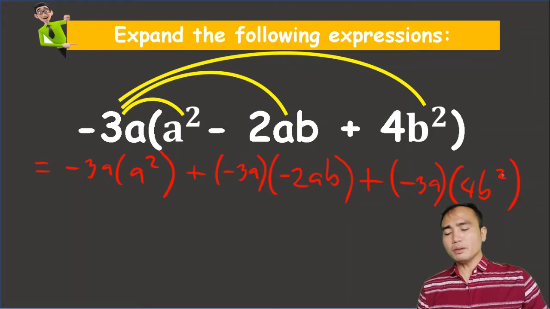So after we distribute negative 3a to each member of the group, simplify the expression.